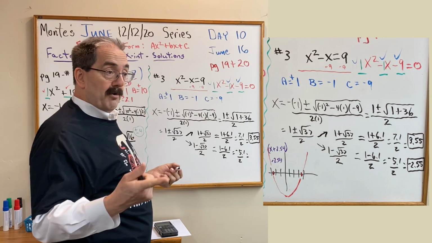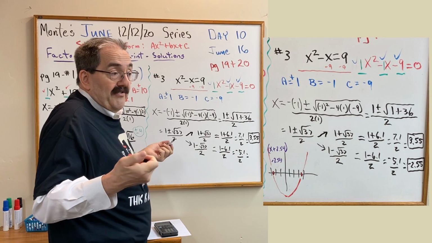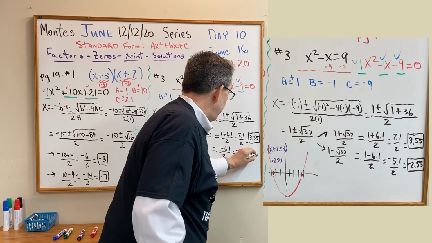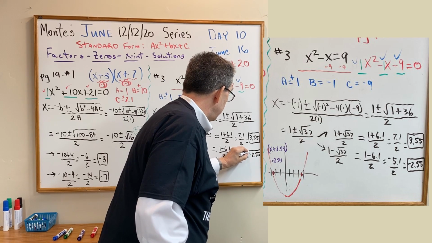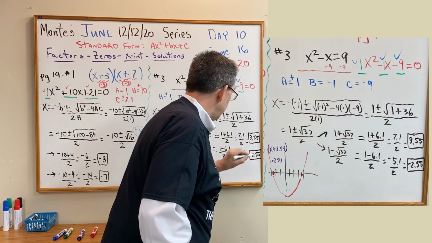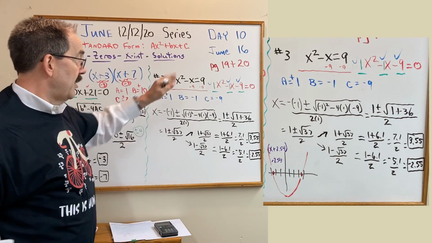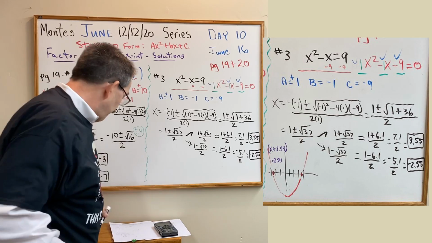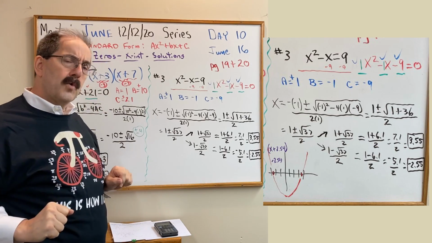Half of 5 is 2.5. So this would be negative 2.55. Okay. We did all that off the top of our head. Now, let's verify our work.